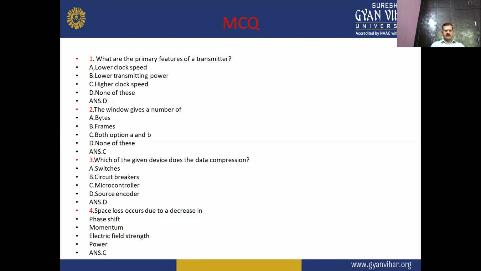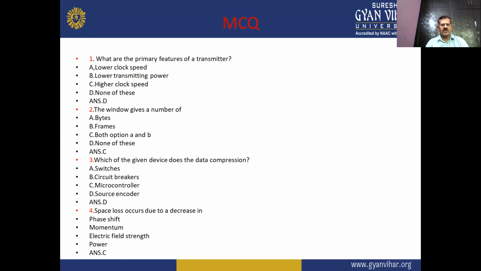Next question. Which of the given devices does the data compression? Option A, switches. Option B, circuit breakers. Option C, microcontroller. And option D, source encoder.